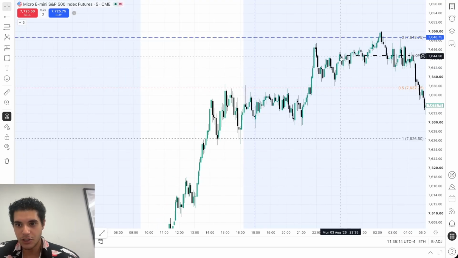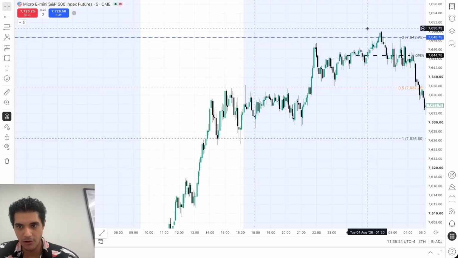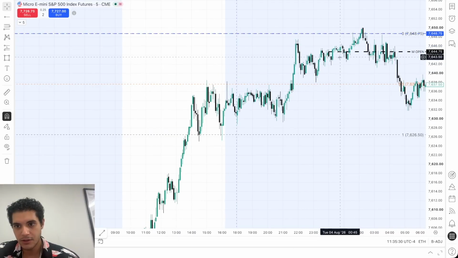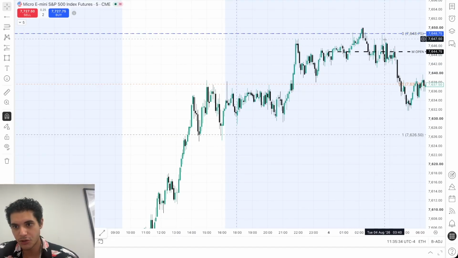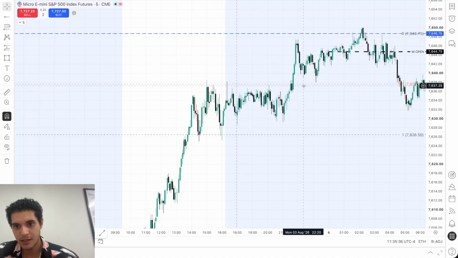Initially after midnight opens, price comes up, takes out the high, takes out the all-time highs after hours. And then price comes down below midnight's open. We have bearish structure on the 1 minute, takes out intermediate term low.